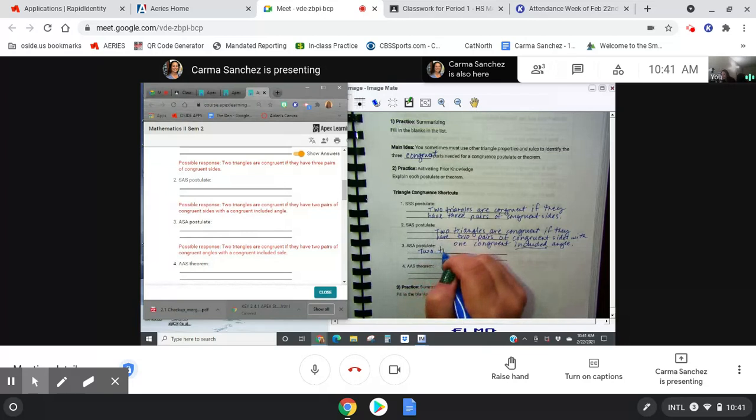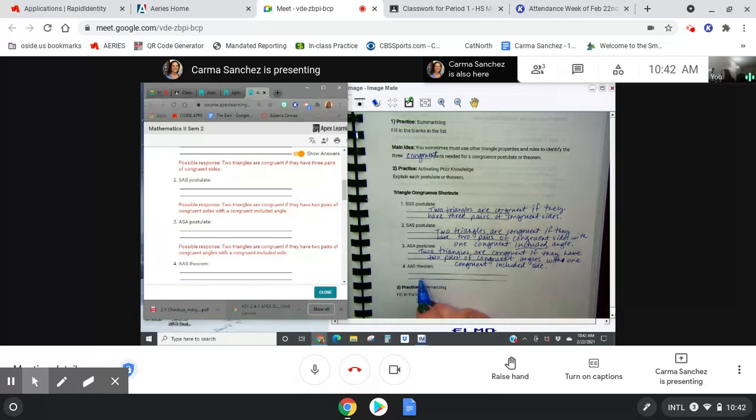Your ASA is 2 triangles are congruent if they have 2 pairs of congruent angles with one congruent included side.